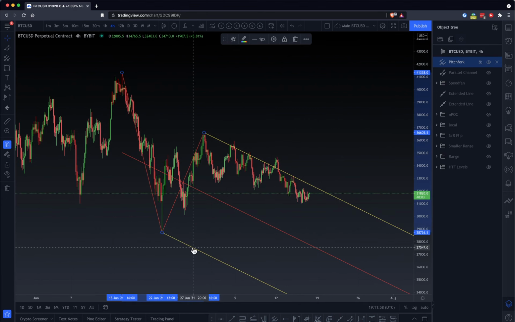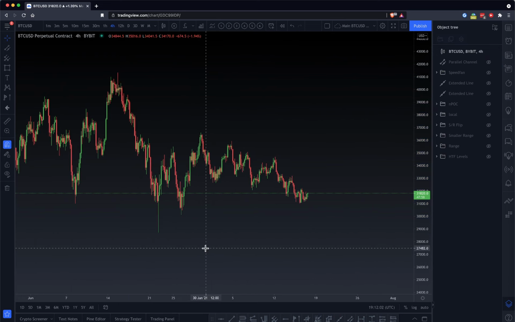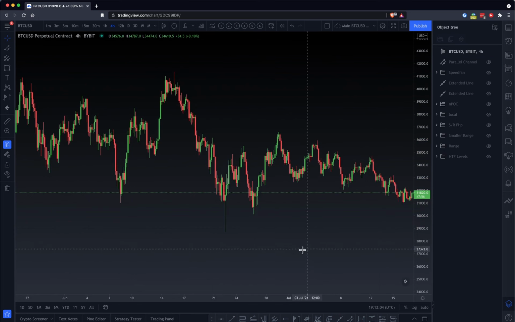I'm just experimenting with this. It's not any kind of ideal pitchfork here, in my opinion.